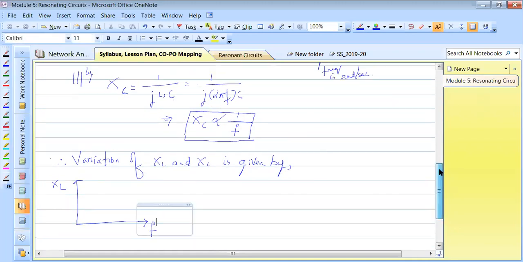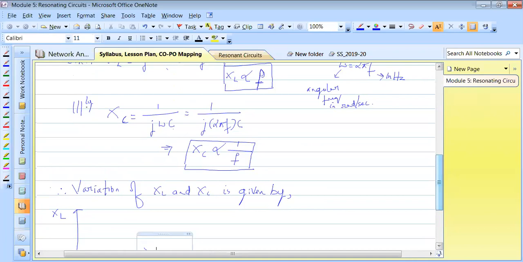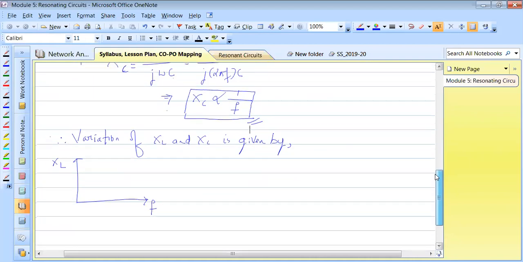Since XL is directly proportional to f, and XC is inversely proportional to f, as the frequency increases in this particular direction, XL would also increase linearly. It's a linear increase.